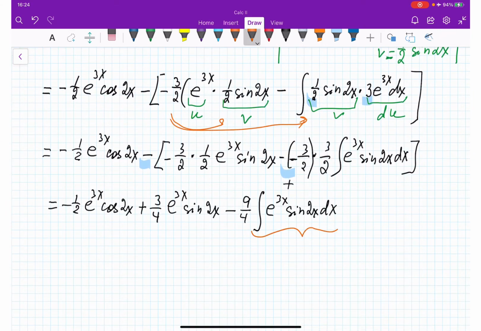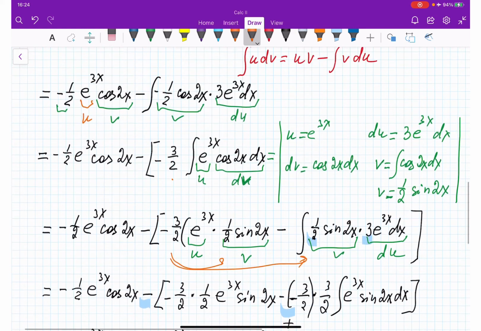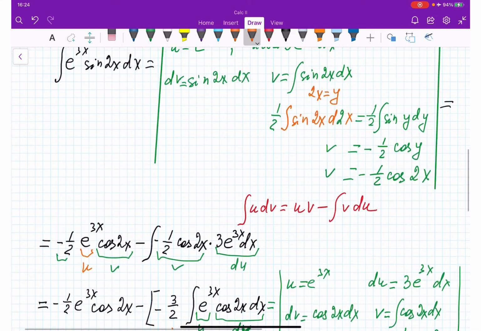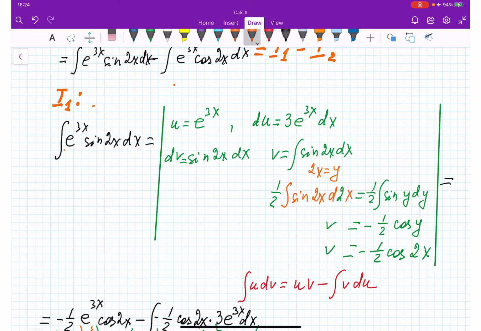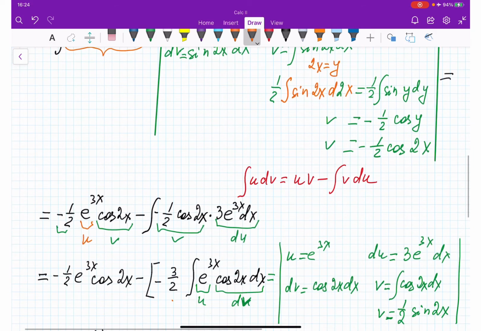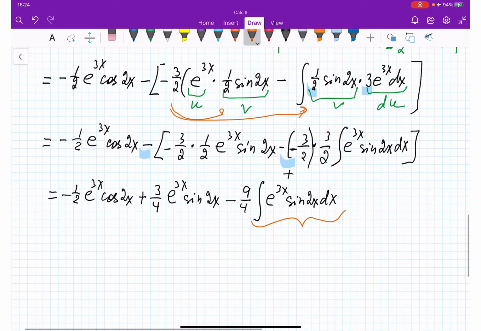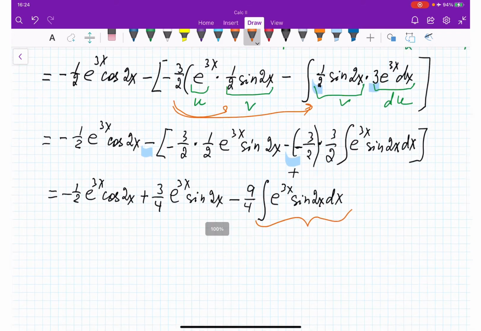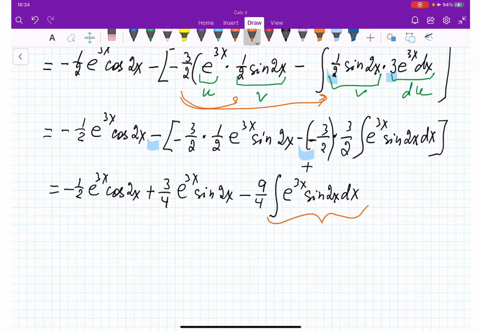Integral e to power 3x sine 2x dx. And we got the original problem, integral e to power 3x sine 2x dx. So it's practically repetitive, it's getting into a loop, which means I'm going to write down the original one.